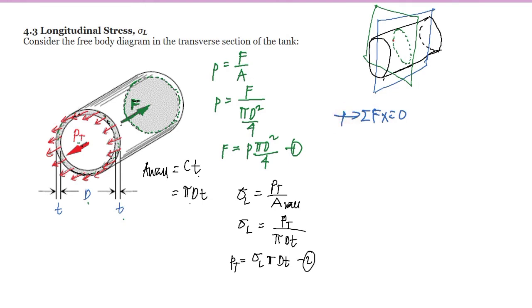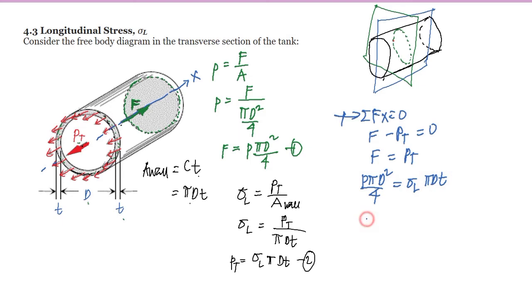Now, if we summate forces horizontally equal to 0, taking the direction to the right as positive, with this as our x-axis, we have F directed to the right, so it's positive, minus PT, which is directed to the left. So F is just equal to PT. F is equal to P pi d squared over 4, and PT is equal to the longitudinal stress times pi dt.